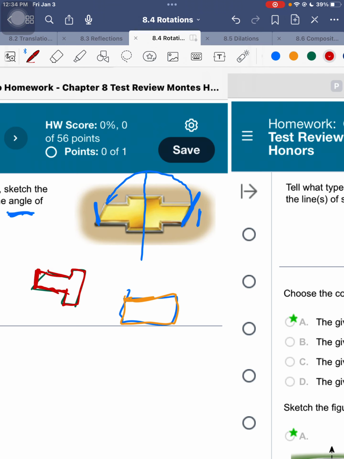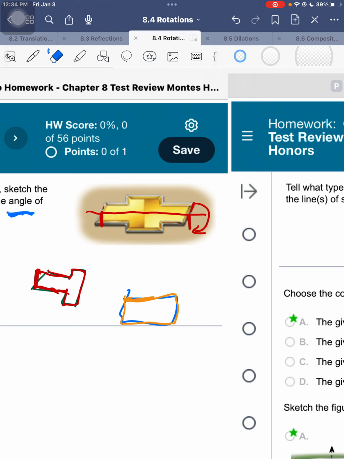That's the problem. And the same thing if we were to put a line of symmetry this way. Once we reflect it onto here, it would be like this, and this would be like this.